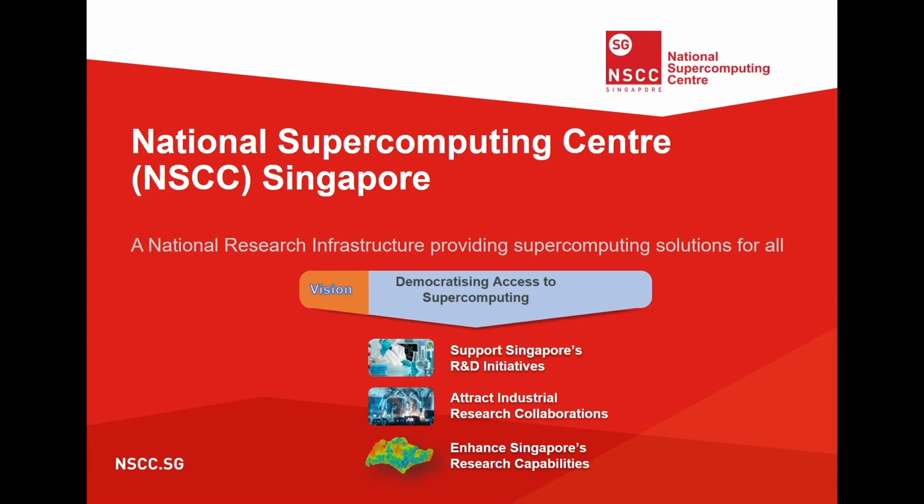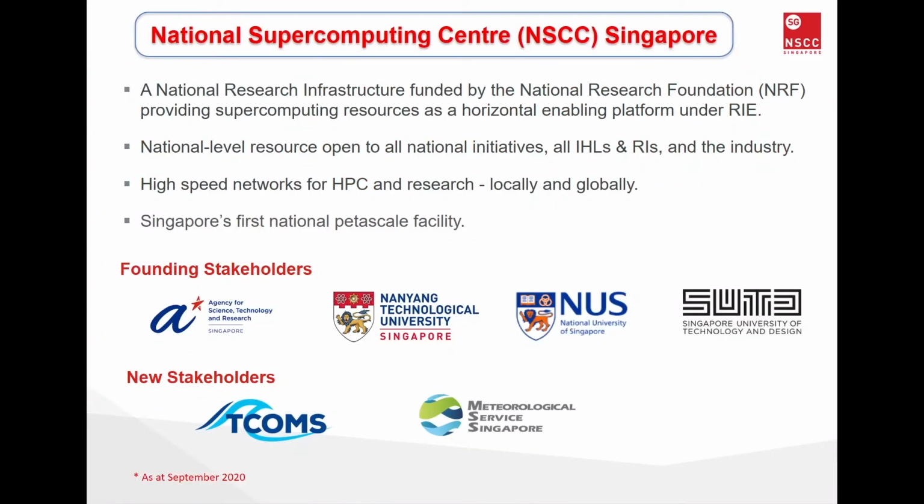Aspire 1 is the first petascale facility funded by NRF and collaborated on with the founding stakeholders such as A*STAR, NTU, NUS, and SUTD. And we have more stakeholders joining the team to make NSCC much bigger.